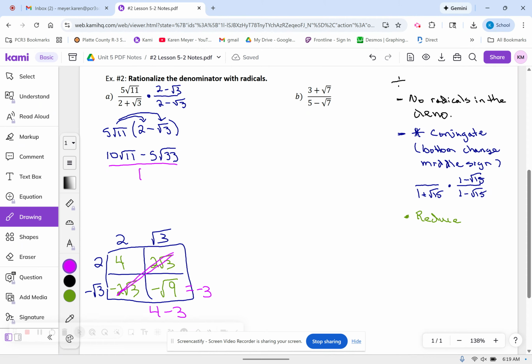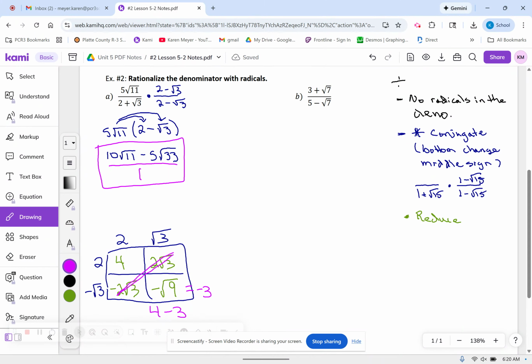And remember, we talked about there should be no radicals in the denominator. So your denominator should get down to just a single number. You should only have one number on the bottom, no roots at all. Do I really have to write this over 1? No, I don't have to write it over 1. And because the bottom number is 1, I don't have to reduce. So this one is finished.